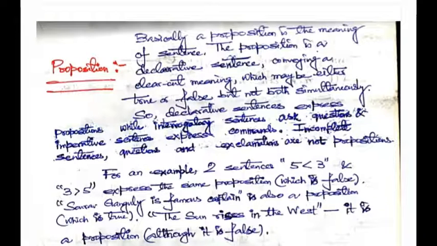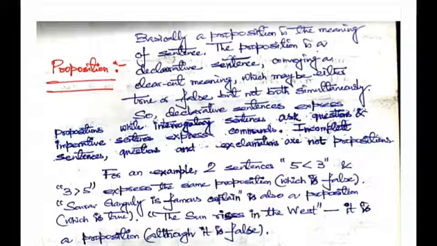That means the sentence must have some clear conclusion, either true or false. Declarative sentences express propositions, while interrogative sentences ask questions, and similarly imperative sentences express commands. But incomplete sentences, quotations, questions and exclamations are not propositions.